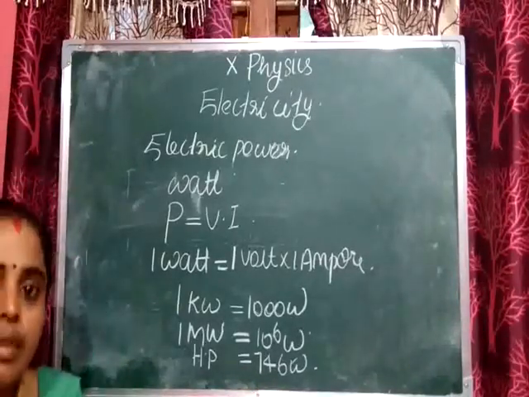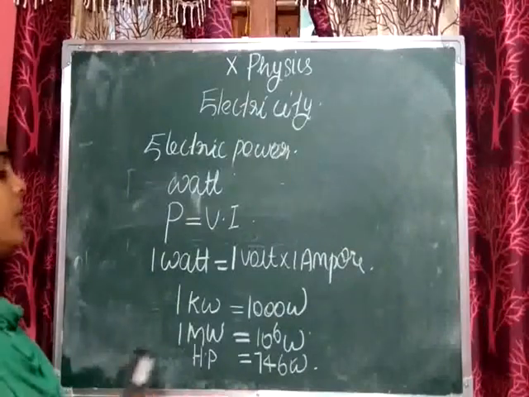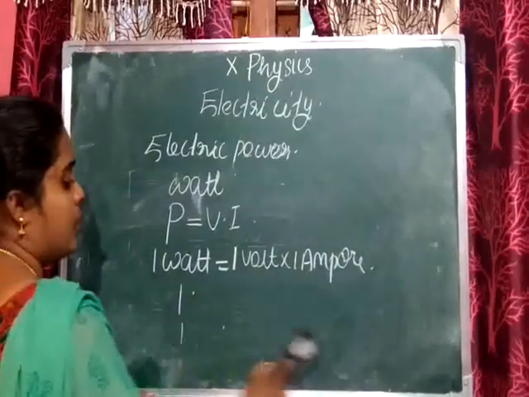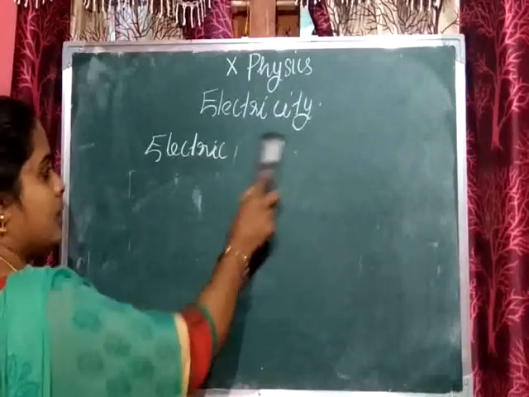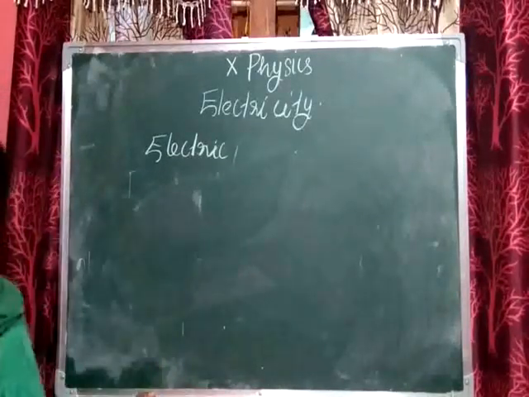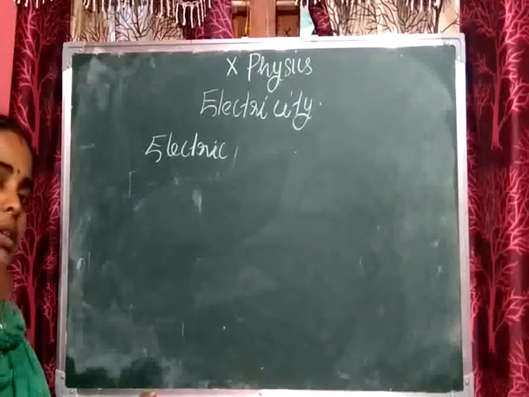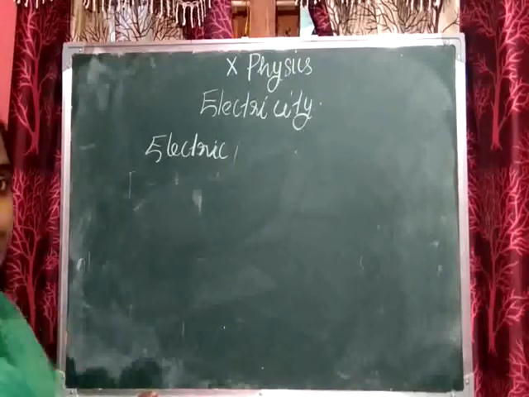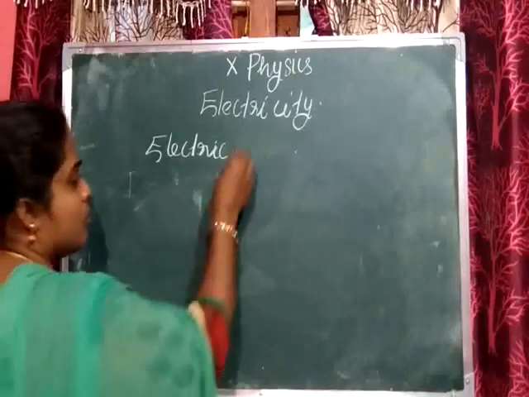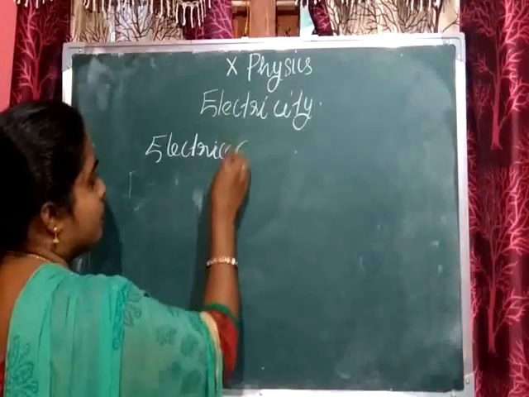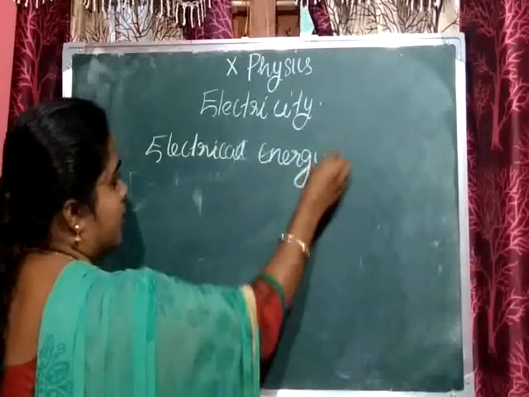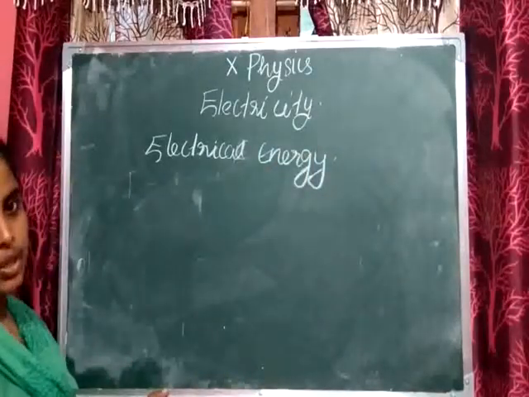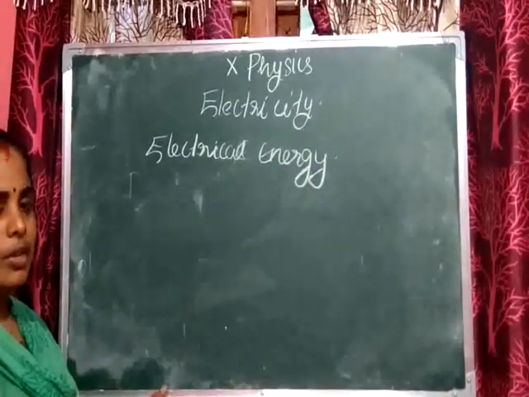Next we are going to see the commercial unit of electrical energy. What is electrical energy? In simple words, energy means the capacity to do work. So what is the unit of electrical energy?